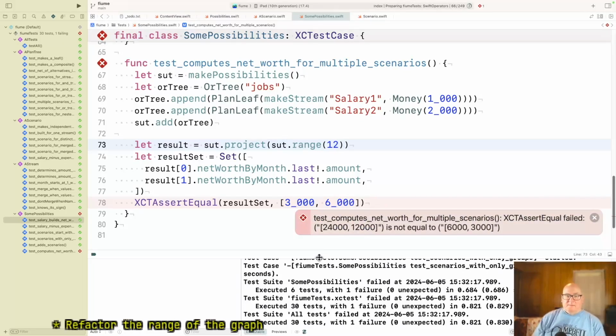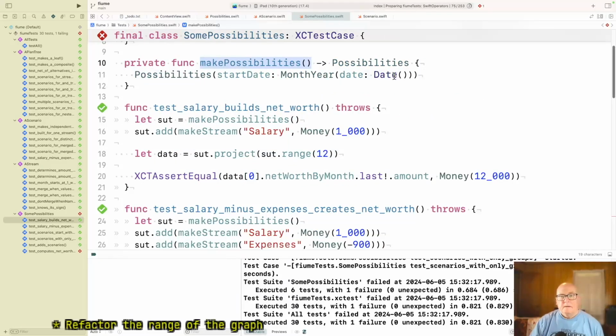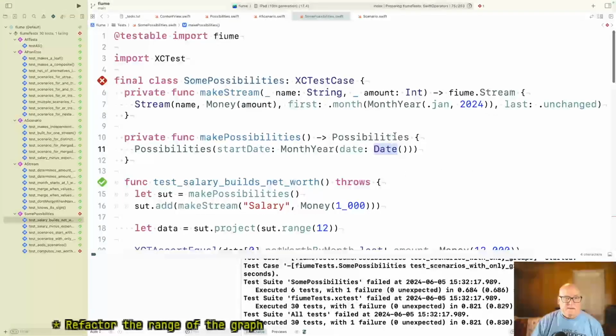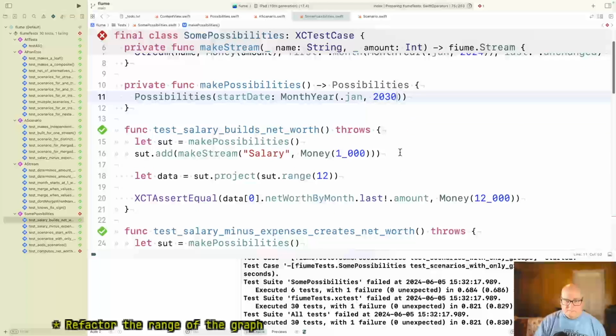Okay, what did I do? Let's not do that. Range was 3, line 73.